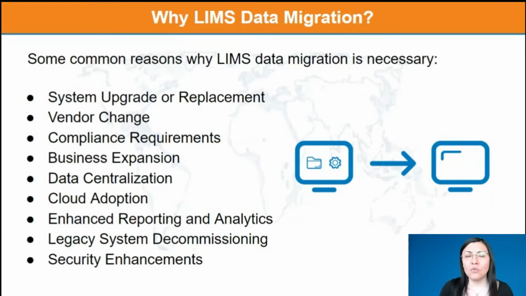Sometimes labs go from on-premise LIMS to a cloud one because they want more flexibility, better scalability, and they want to reduce their infrastructure costs. Another reason for this migration is enhanced reporting and analytics features, legacy system decommissioning, and security enhancements.